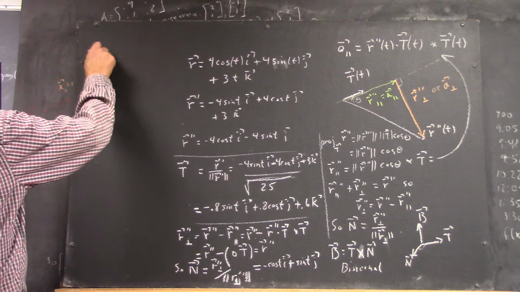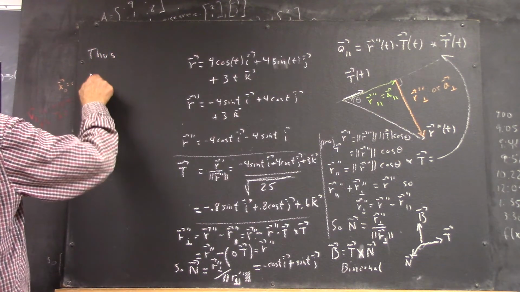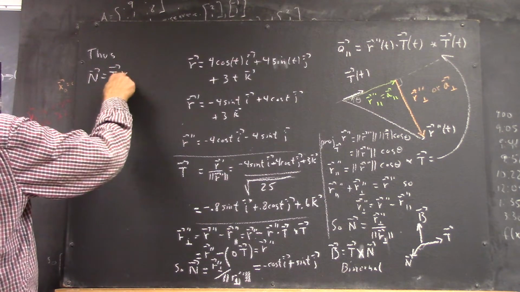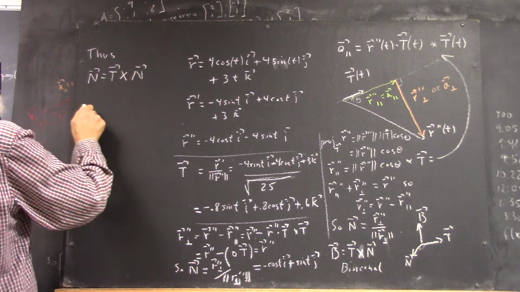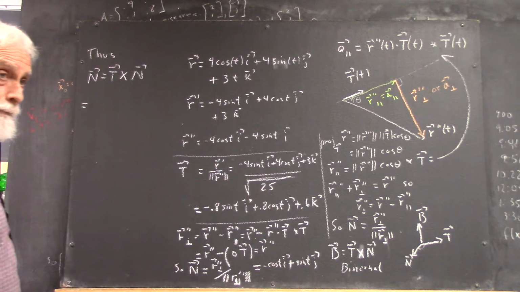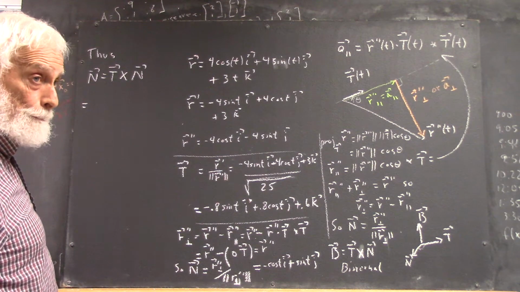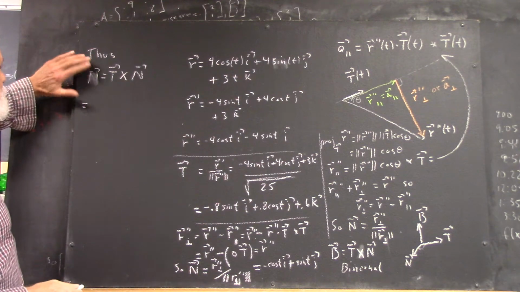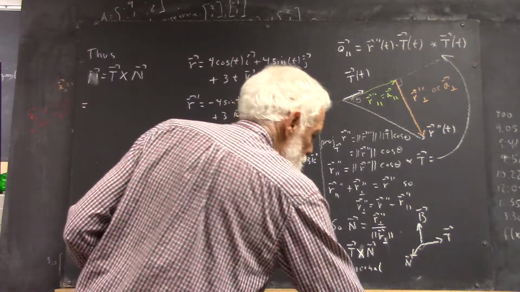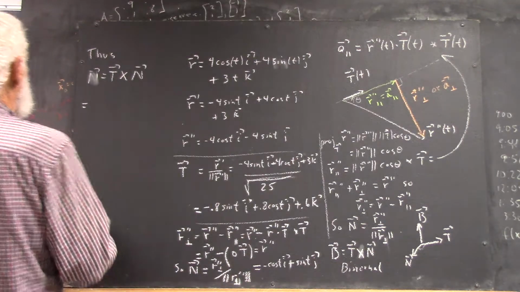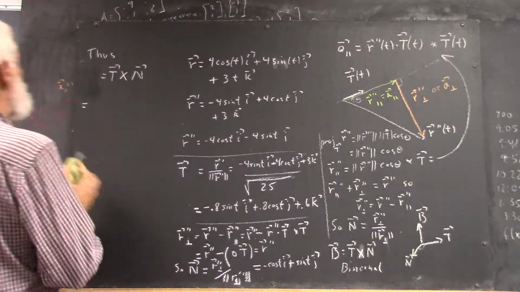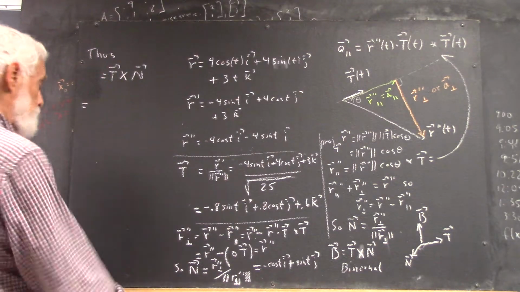Thus, your unit normal is T cross N. Okay? Your binormal.